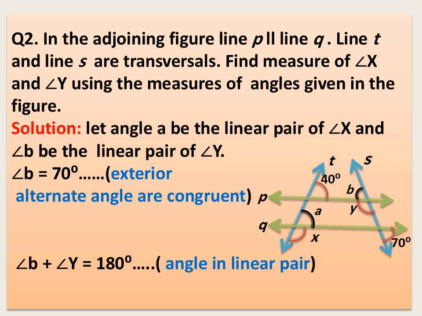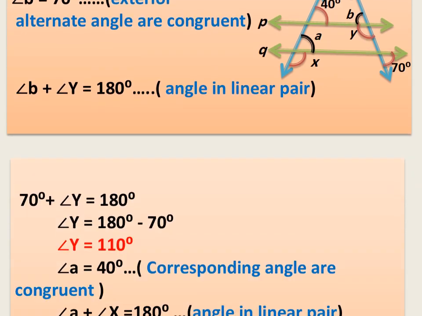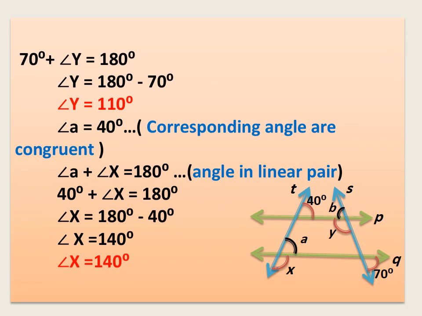Now, angle B plus angle Y is equal to 180 degrees because they are a linear pair. Therefore, 70 degrees plus angle Y is equal to 180 degrees. Therefore, angle Y is equal to 180 degrees minus 70 degrees. Therefore, angle Y is equal to 110 degrees.